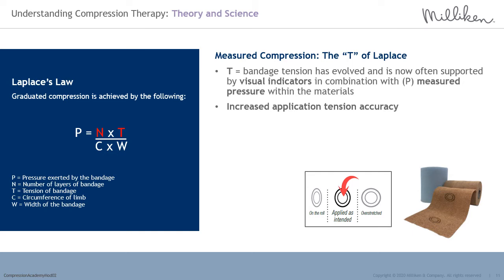This results in a more accurate application of the bandage system, and manufacturers of modern compression systems are then able to more accurately predict the millimetres of mercury pressure their compression systems are able to deliver.